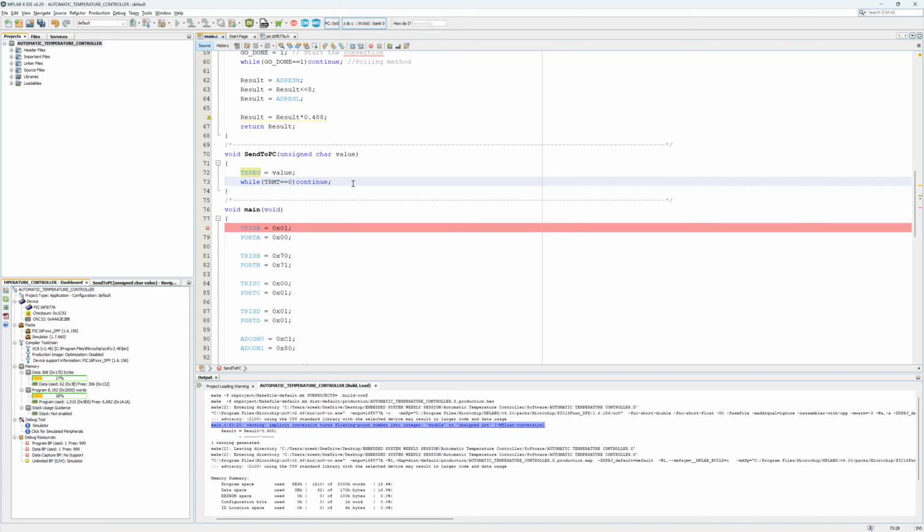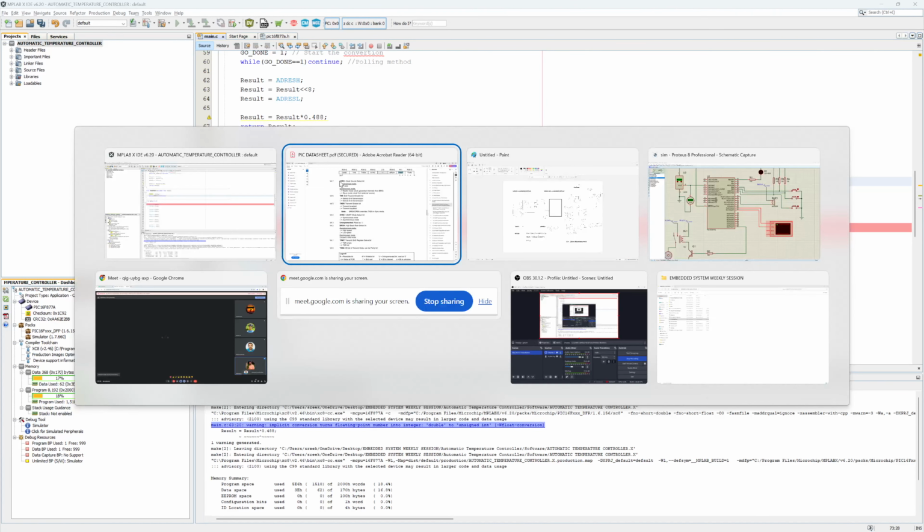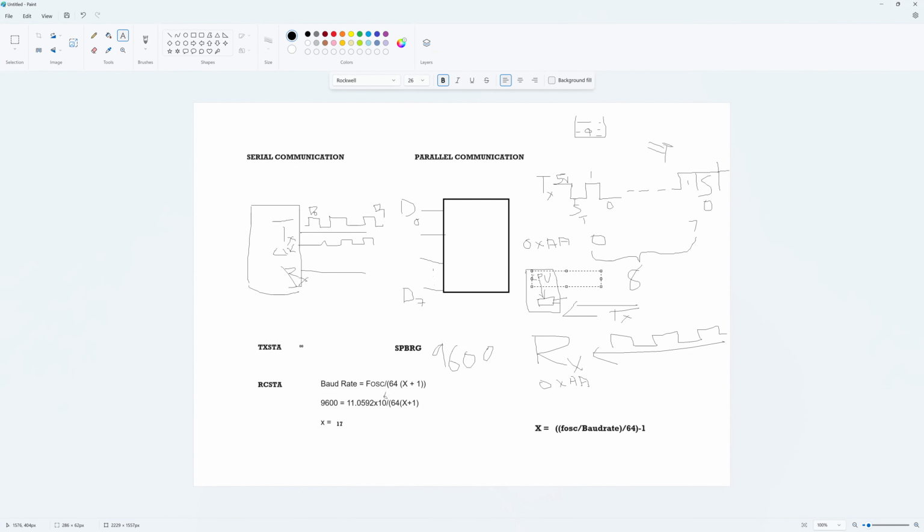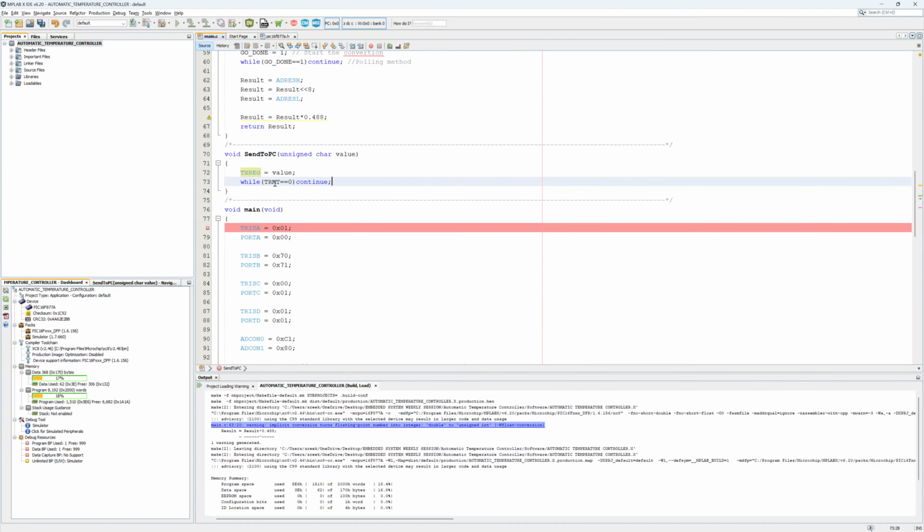We are telling the CPU to wait until the TRMT flag sets to 1. So the communication has to complete, I mean the entire start bit, data bits, stop bit, then the idle condition. Idle condition means the TX pin will be at 5 volts. At that time, the TRMT flag will be 1. Till that time the TRMT flag will be 0. So this is what is going to happen.